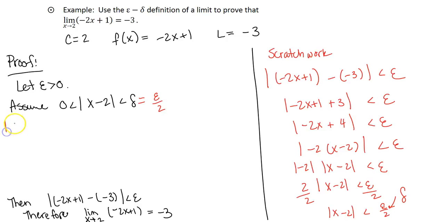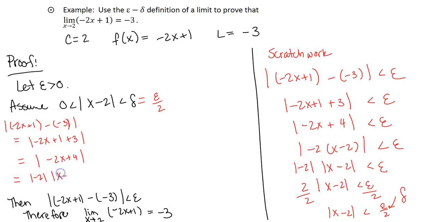So we're starting off with the absolute value of negative 2x plus 1 minus negative 3. And that is the absolute value of negative 2x plus 1 plus 3, which is the absolute value of negative 2x plus 4, which is the absolute value of negative 2 times the absolute value of x minus 2.